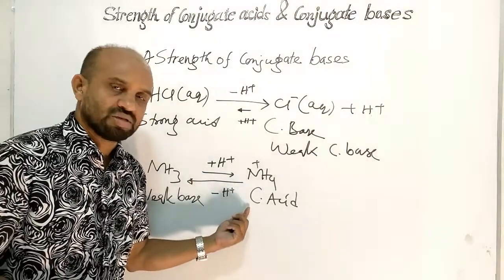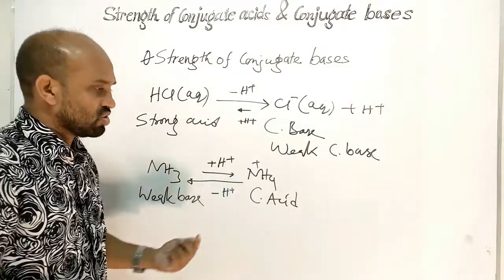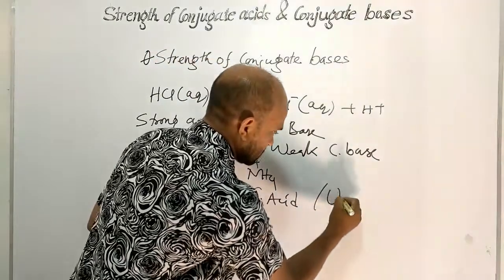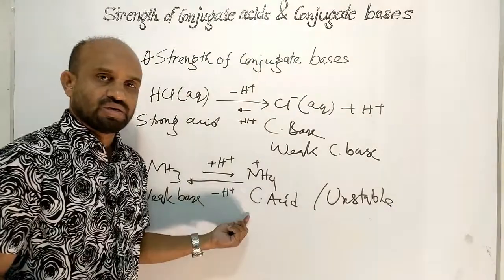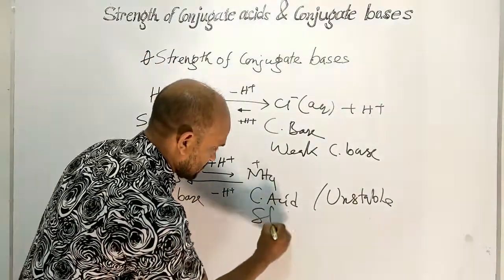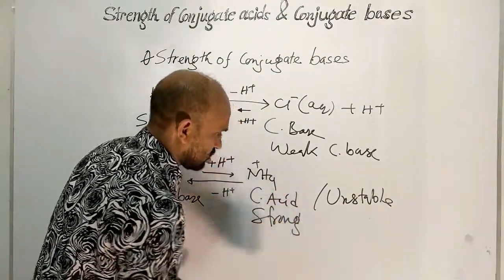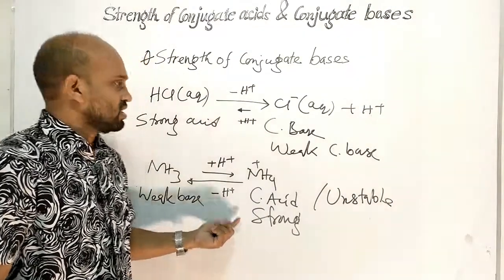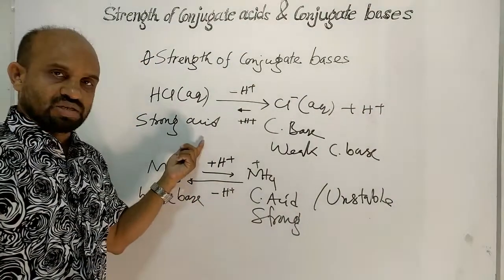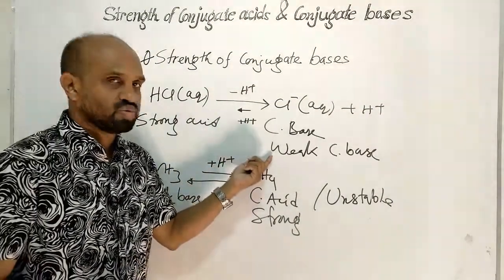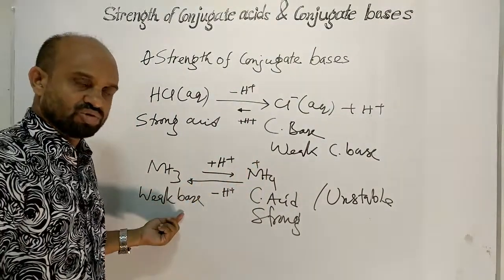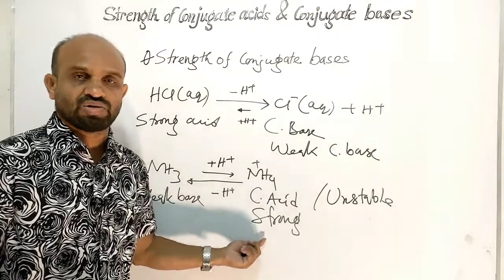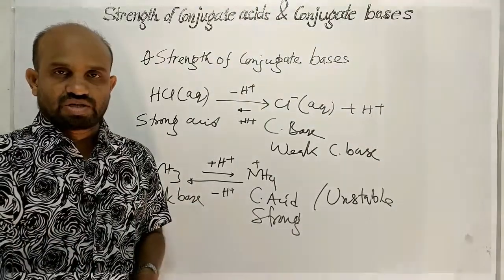That means this conjugate acid is not stable, that means unstable, and it's a very strong acid, a strong conjugate acid. So strong acid produces weak conjugate base, and weak base produces strong conjugate acid. Let's see the next point.